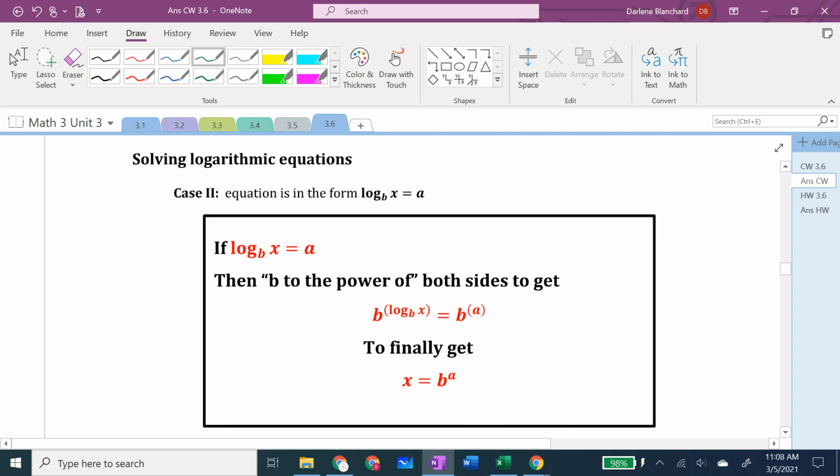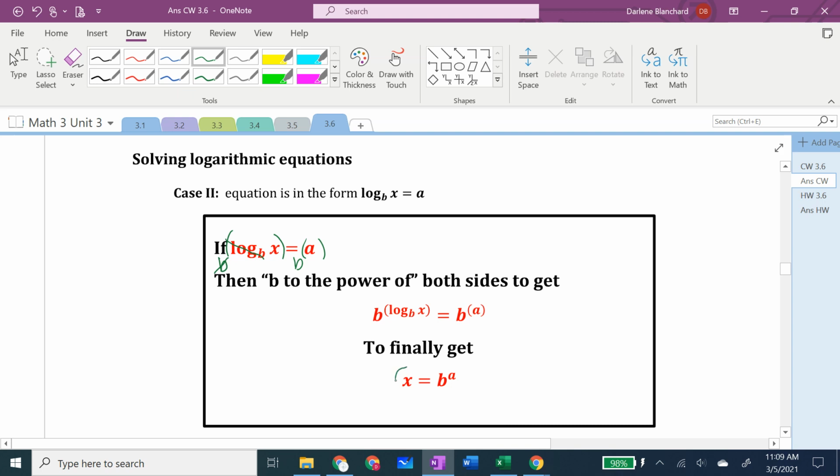The way that I process this is the inverse of log base b is b to the power of. If I b to the power of both sides of the equation, then I can see these side-by-side operations that undo each other.